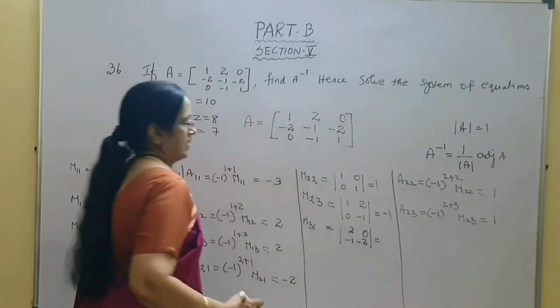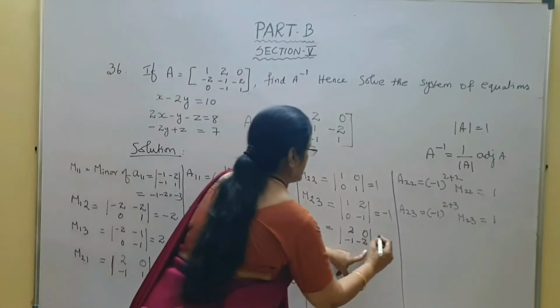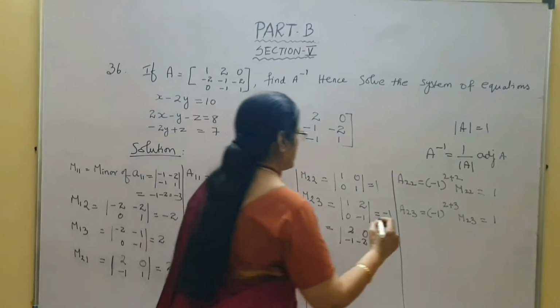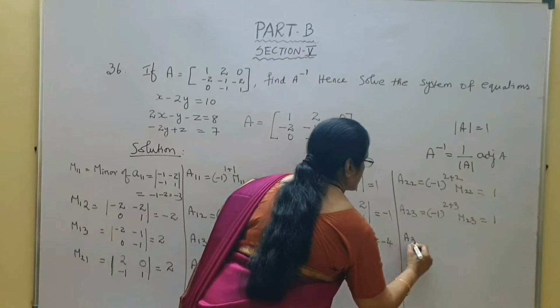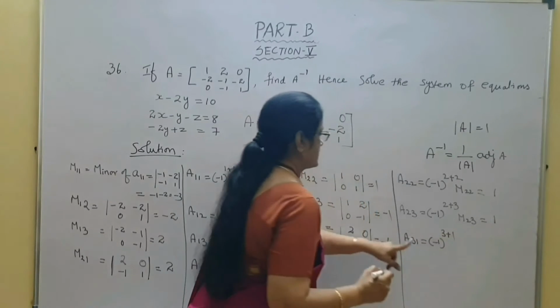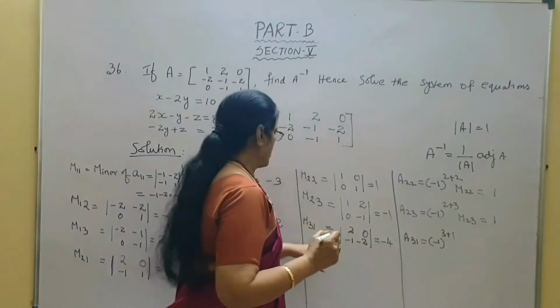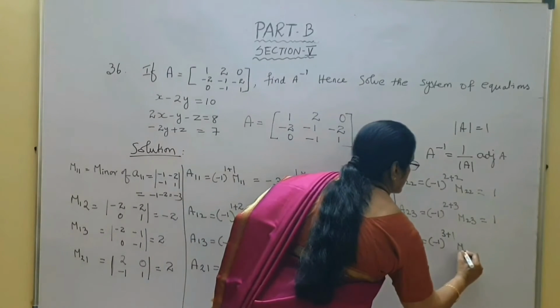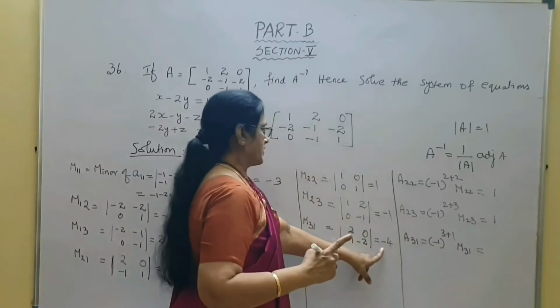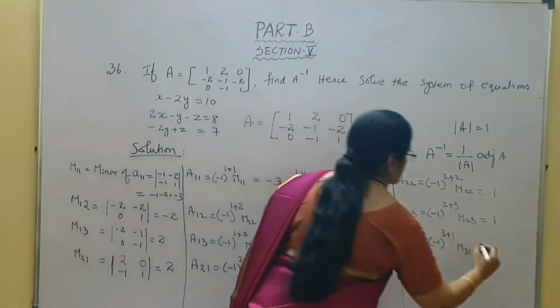When you evaluate, you will be getting here minus 4. The corresponding cofactor will be A31, which is minus 1 to the power i plus j, i is 3, j is 1, into M31. Here it is plus 1 and here M31 is minus 4. So the product is minus 4.